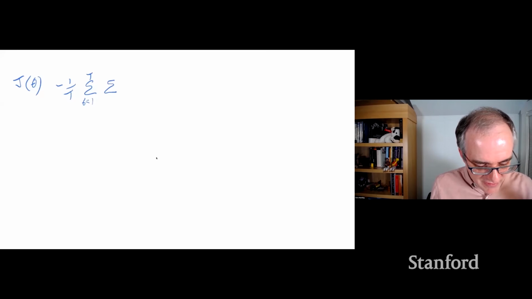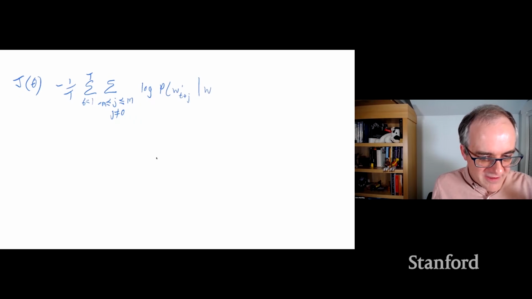And then we were going through the words in each context. So we were doing j between m words on each side, except itself. And then what we wanted to do inside there was work out the log probability of the context word at that position, given the word that's in the center position t.